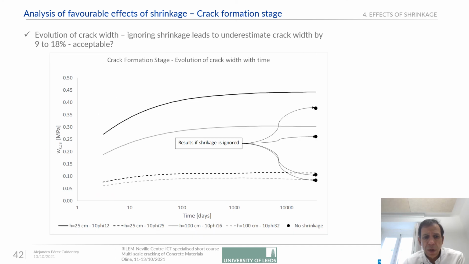So if we look at what would be the crack width along time, you can see that this crack width would be increasing. And if we do the calculation ignoring shrinkage, yes, we are actually underestimating a little bit the crack width.